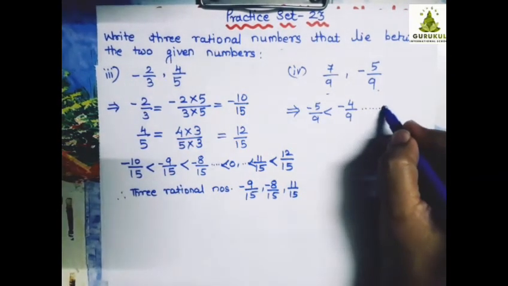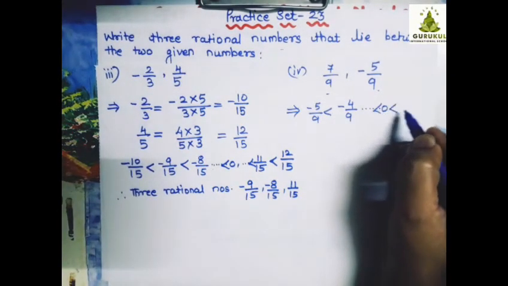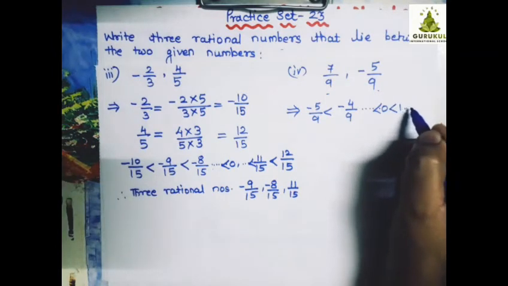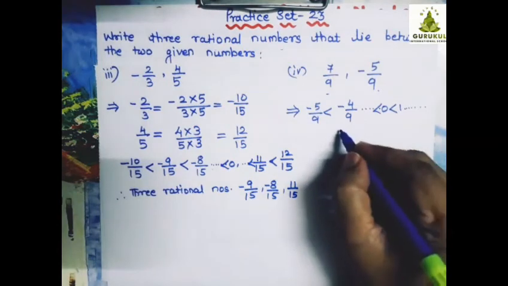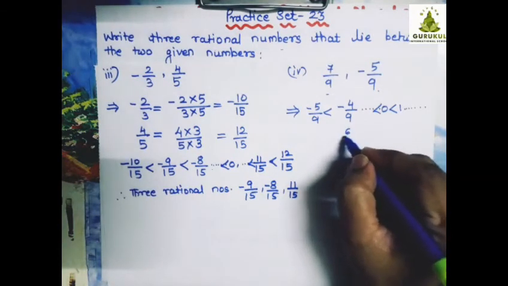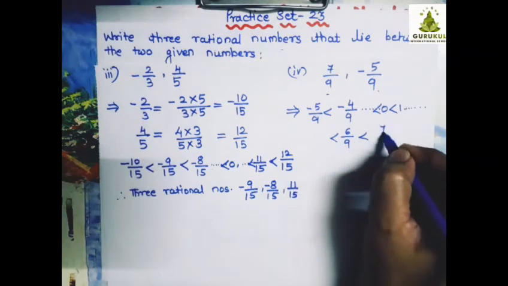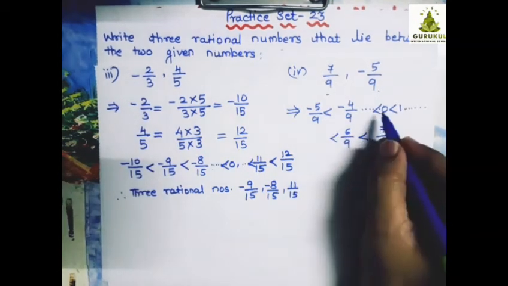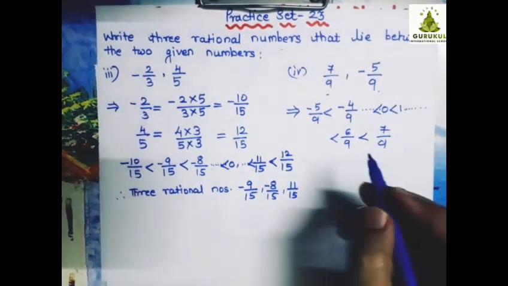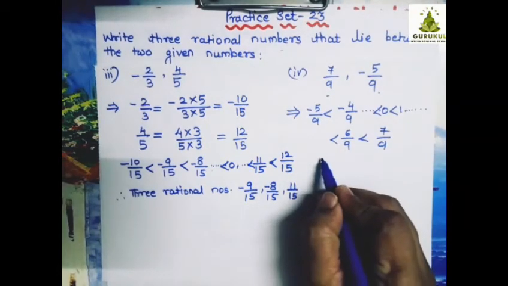Correct? So in between comes 0, then 1 and so on. You can put a dot. It will go up to 6 upon 9. Symbols you are compulsorily supposed to write. These less than symbols are important. Without them your answer will not be valid.